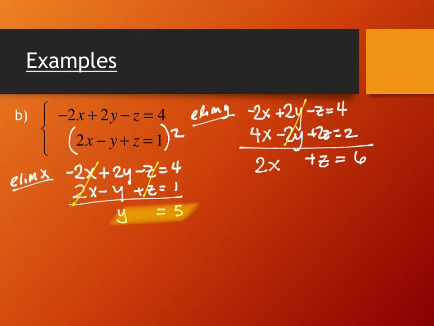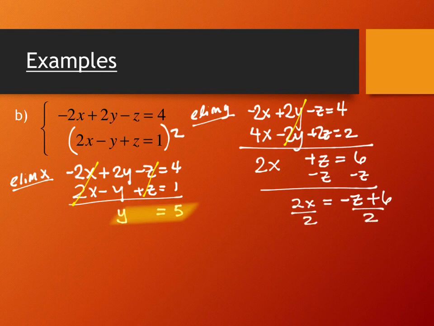So we're going to solve for x, which means I'm going to subtract my z. So I have 2x equals, and I'm going to put it as negative z plus 6. If you want to do 6 minus z, that's fine. And divide by 2. So x is equal to either negative z plus 6 or 6 minus z over 2.